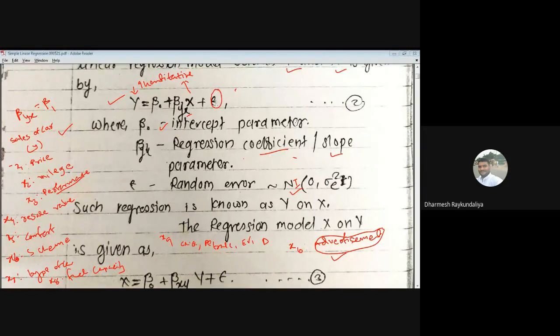But what is epsilon? Epsilon is a cumulative effect of other variables which are affecting y but are not considered in the model.